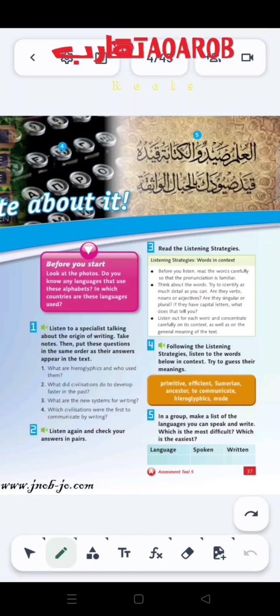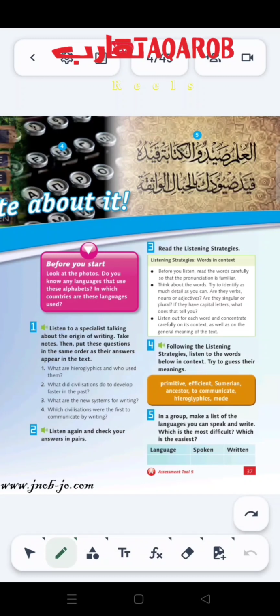The first word, primitive. Primitive is belonging to early times of history and no longer existing in modern days. An example for this word is: the primitive technology in that town just doesn't work. The second word, efficient. What's the meaning of efficient?